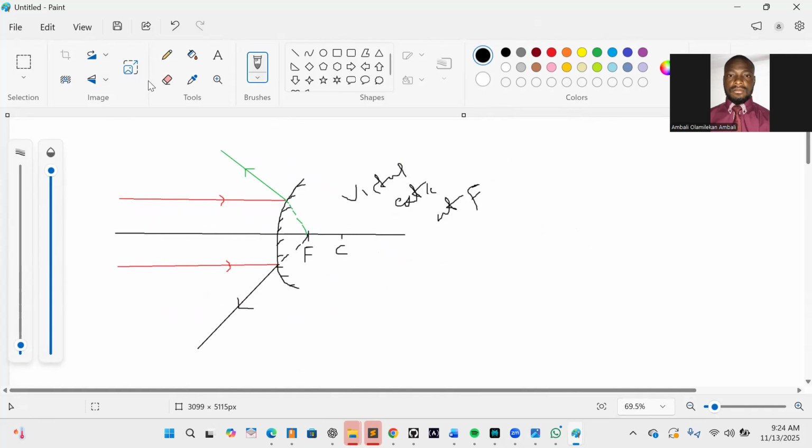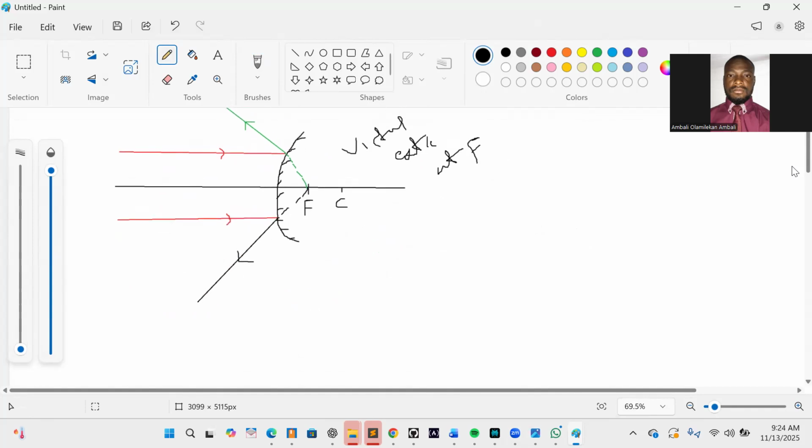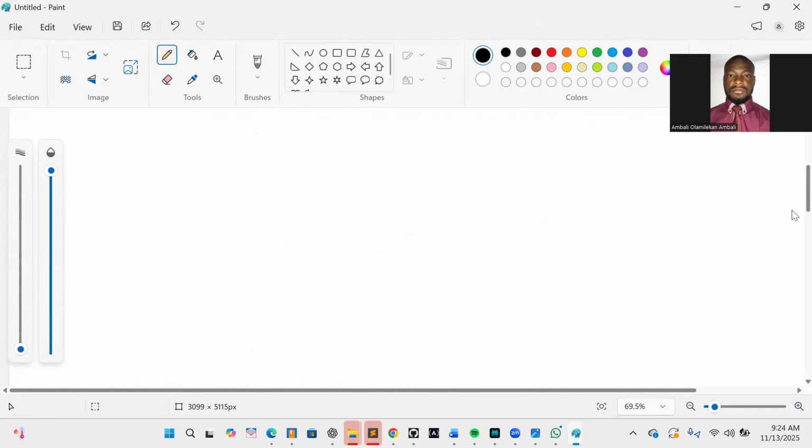Now the second one is irrespective of the location of the object. After the infinity case, this is the last one for the convex mirror. Of course, there are two ways to draw it.